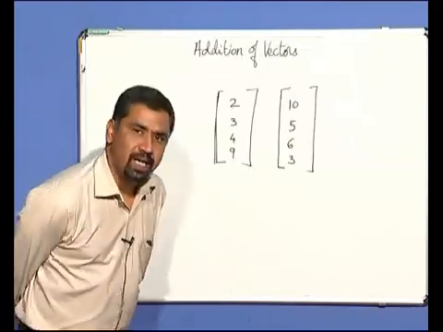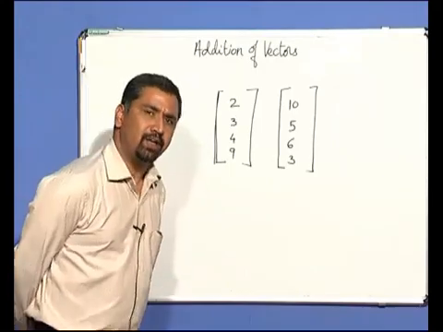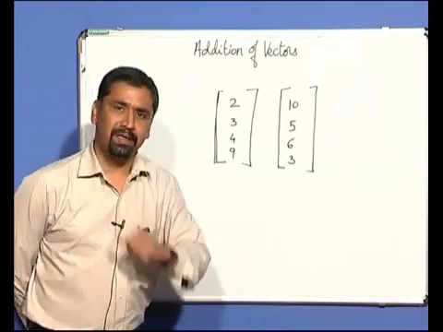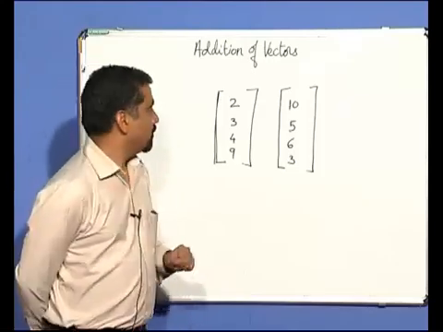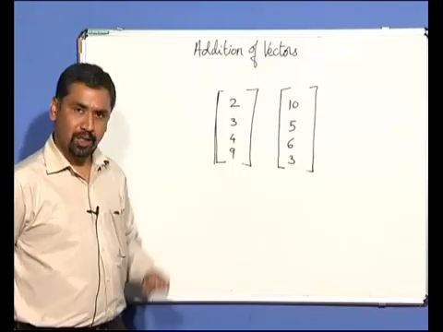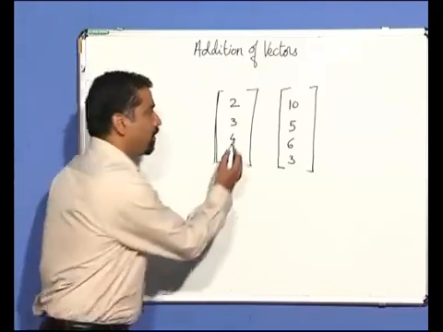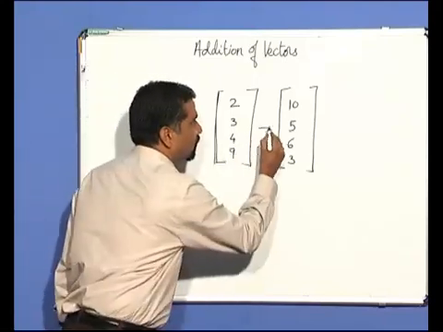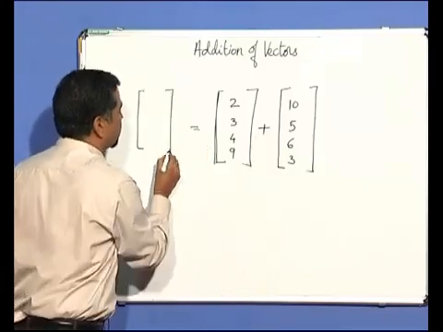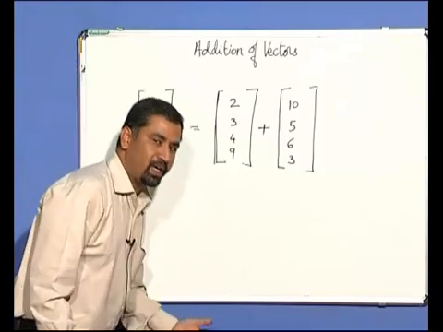In order to understand how to declare and use one-dimensional arrays, let us take a very simple problem from your matrix algebra. Assume that there are 2 column vectors, as we call them. You all know, if I want to add these 2, and if I want to get a resultant matrix, how do we carry this out?